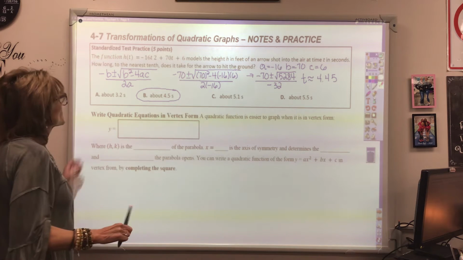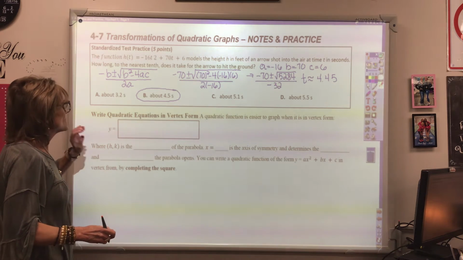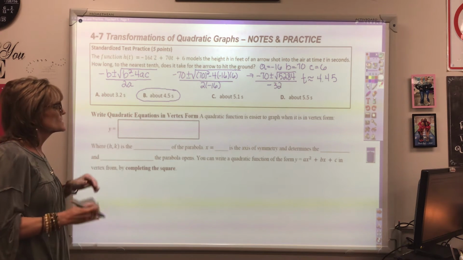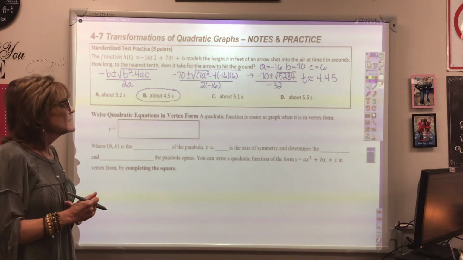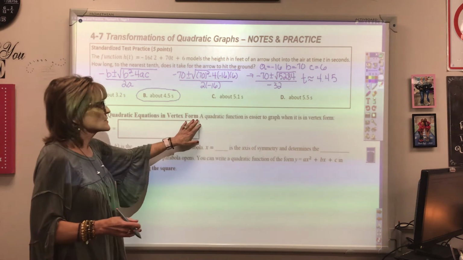So today when we transform graphs, what we're going to do is to write our quadratic equation in vertex form. This makes a function easier to graph.